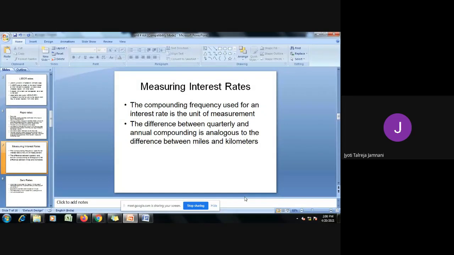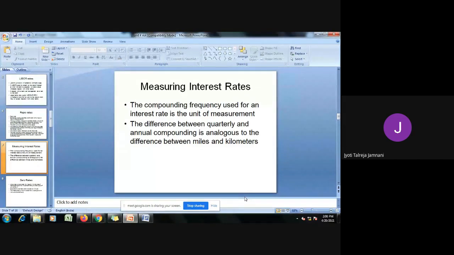Measuring interest rates. The compounding frequency used for an interest rate is the unit of measurement. So when you're measuring interest rates, it basically has a compounding frequency. How fast the rate is getting compounded, whether the compounding is yearly, half yearly, quarterly, monthly, daily. So interest rates are measured depending on the compounding frequency.